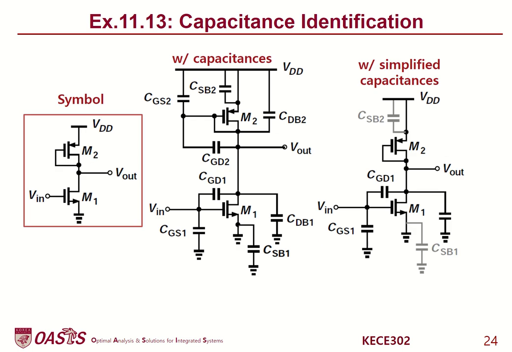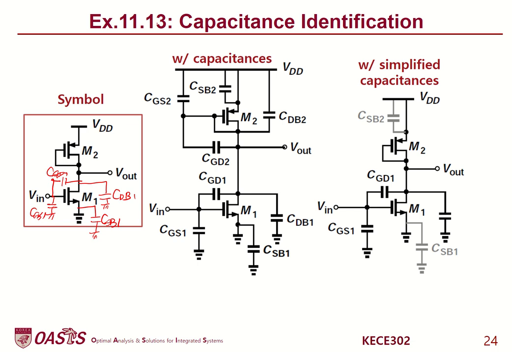Since a MOSFET transistor has 4 parasitics, in this case for M1, CGS, and CSB, and CDB, and between the gate and the drain we have CGD.